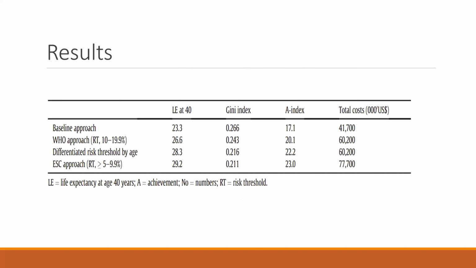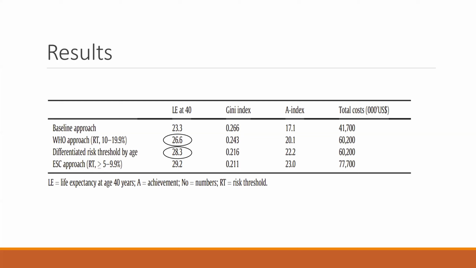So our results are as follows. We showed that the WHO approach, whereby it's a single risk for all ages, was less efficient in terms of life expectancy at the age of 40. You can see that with the WHO risk, you only gain 26.6 years, while with the differentiated risk, you will gain about 2 years more than the WHO approach.